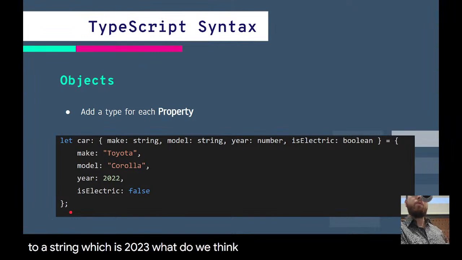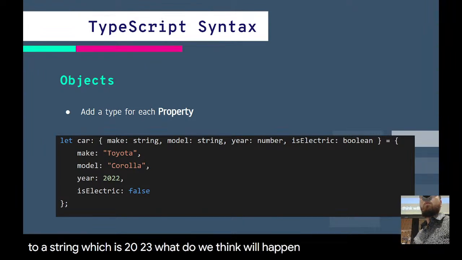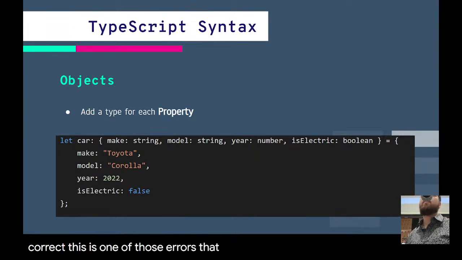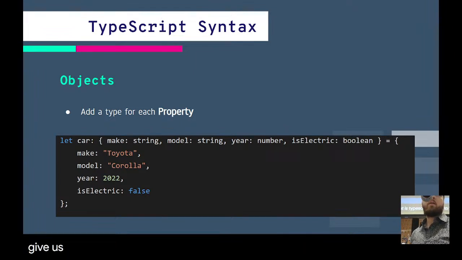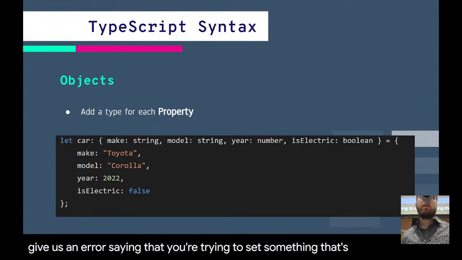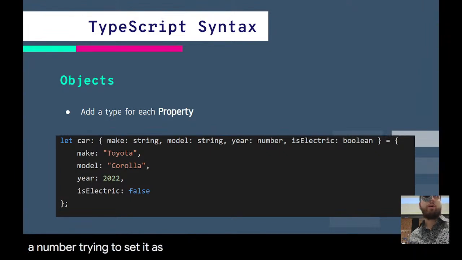What do we think will happen? Anyone? Oh, yes. An error, correct. This is one of those errors where TypeScript is trying to be helpful, and it will give us an error saying that you're trying to set something that's supposed to be a number as a string. It will do its best to be helpful and give an error.